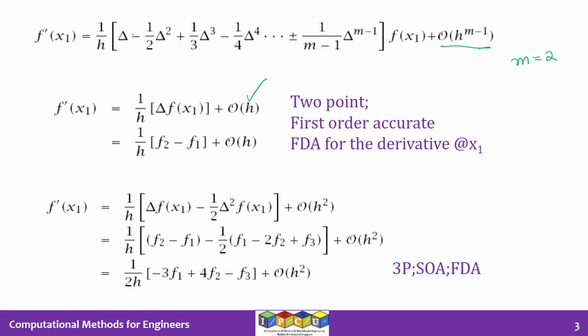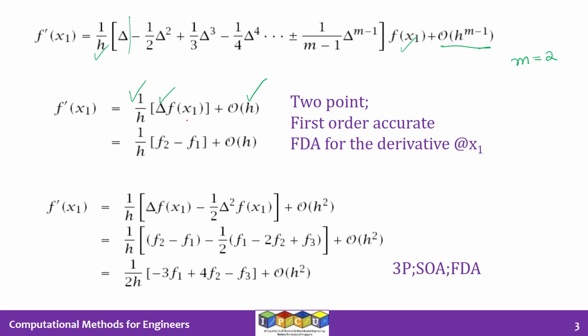Now, if I stop with the first term, because m is equal to 2, delta to the power of 2 minus 1 is delta. So we stop with delta. So f dash at x1 is going to be 1 by h delta of f of x1.